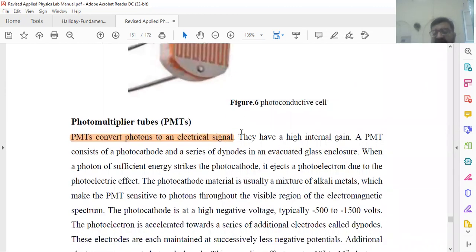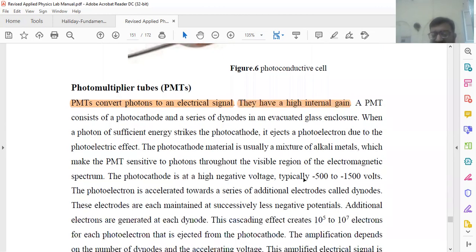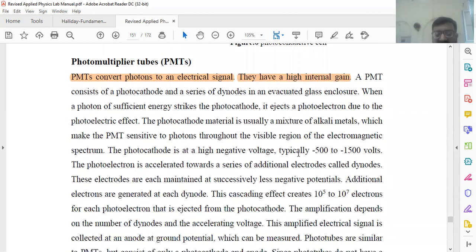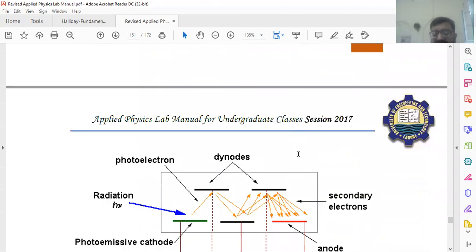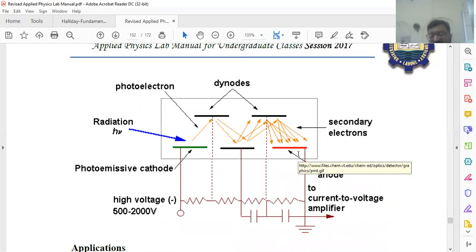In order to enhance that current, photomultiplier tubes are used, as they multiply the photons, the effect of the light. So they have a certain internal gain, which is determined by the number of diodes and electrodes being used in the circuit.